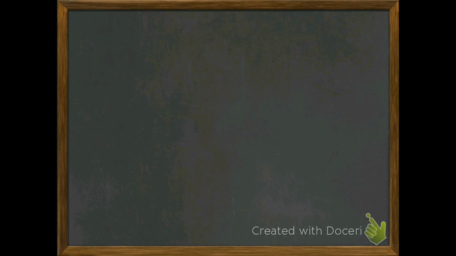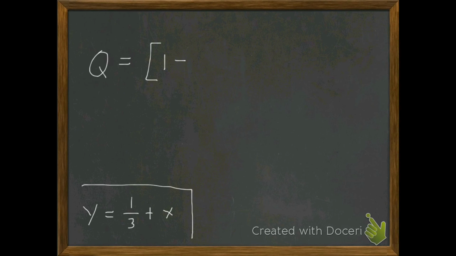And our Q value will be, again, the y value minus, again, let me put this down here so I don't do anything really silly again. So we would have 4/3.